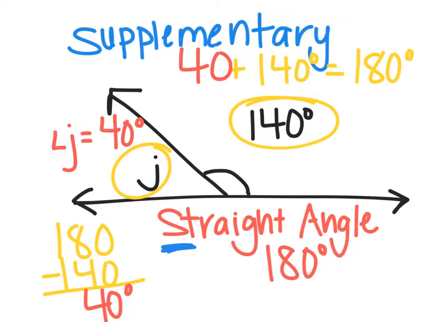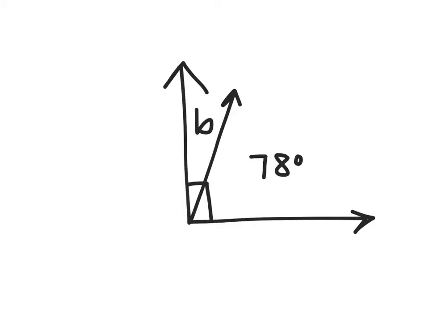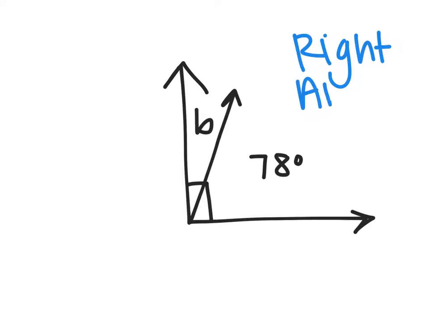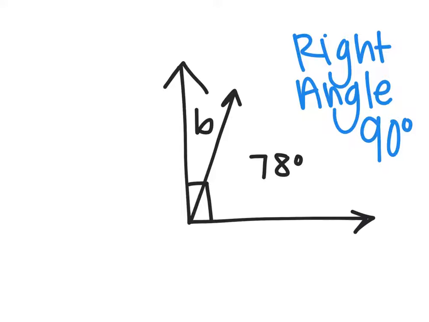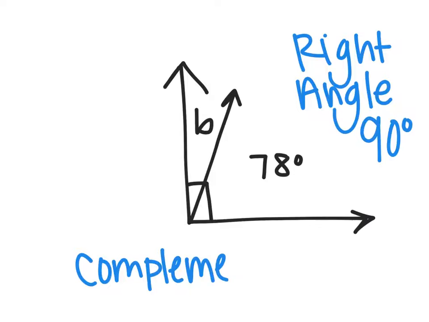Okay, we have 2 more we'll do for practice. All right, we have another right angle. And we already know that a right angle equals 90 degrees. Because it's a 90-degree right angle and we have 2 angles in there, we know that this is complementary.